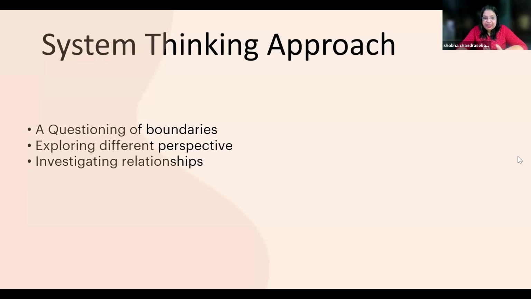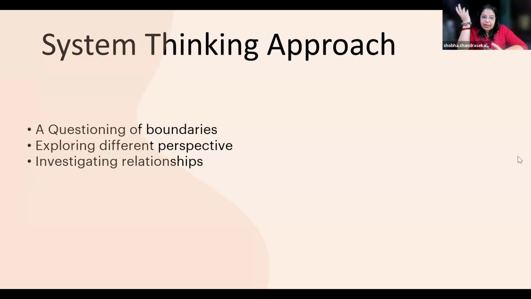Exploring different perspectives. Here, this principle encourages looking at the system from multiple viewpoints to uncover diverse insights. So, for example, different stakeholders like trainers, participants, managers, HR, they may have different experience and priorities regarding training. Systems thinking helps incorporate these varied perspectives into the evaluation.